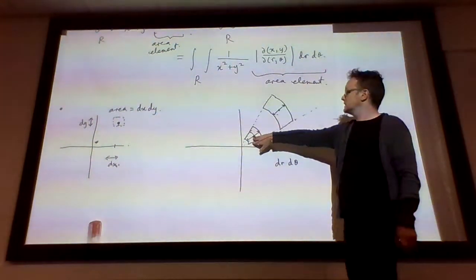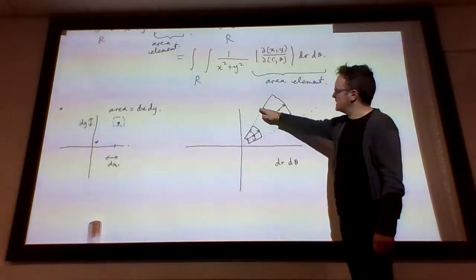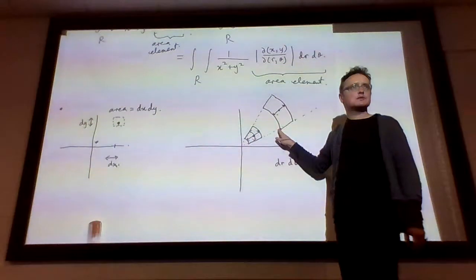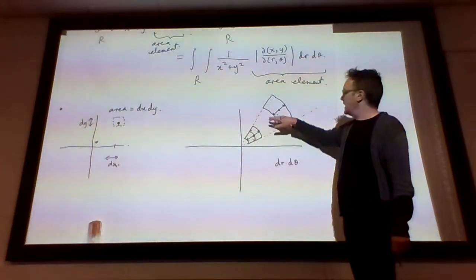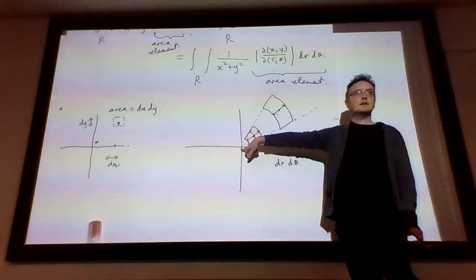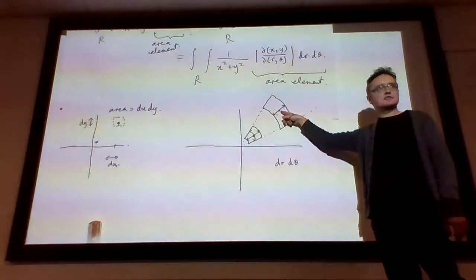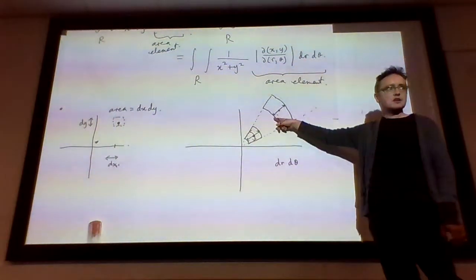Even though I varied the radius by the same amount and I varied the angle theta by the same amount, the area is different. And you can imagine if the point was miles away from the origin, varying the radius is still taking a centimeter step away from the origin, a centimeter step towards the origin.